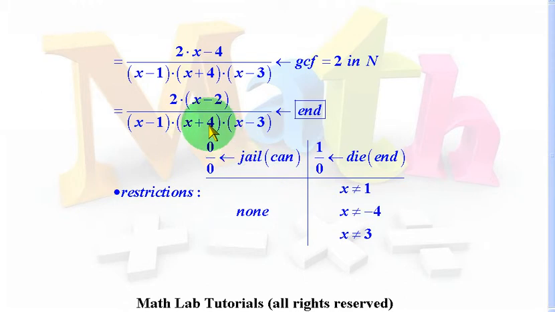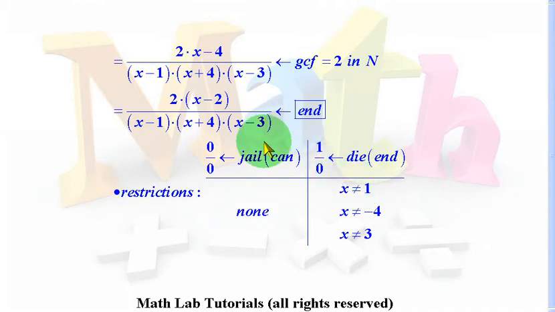If x plus 4 cannot be equal to 0, that means x cannot be equal to -4. If x minus 3 cannot be equal to 0, that means x cannot be equal to 3. So there are 3 vertical asymptote restrictions, and if any of these restrictions are violated, then somebody dies. Okay, and we certainly don't want that to happen.